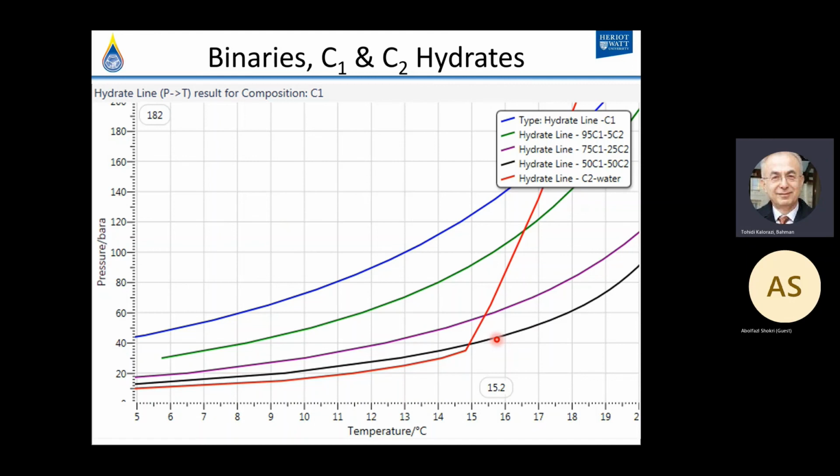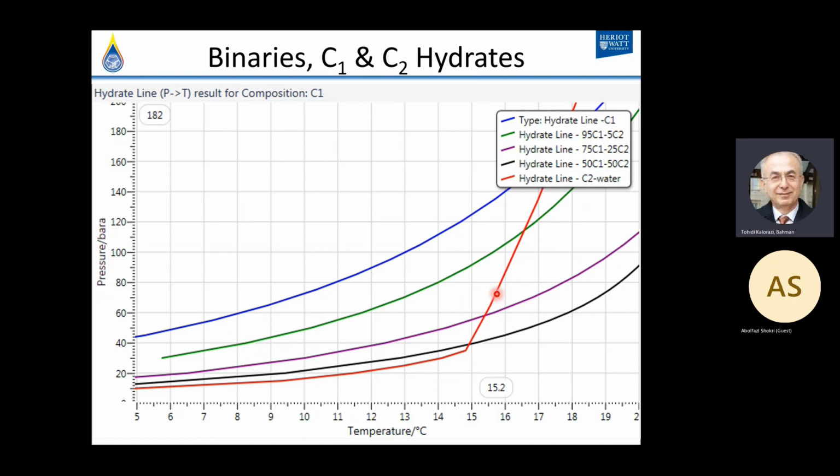You might ask why it changes. Here is 75% methane, 25% C2. This is 95% C1 and 5% C2, and this is pure C2. The question is why this curve can cross the pure C2 phase boundary.